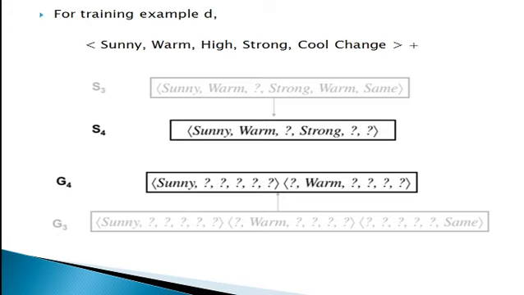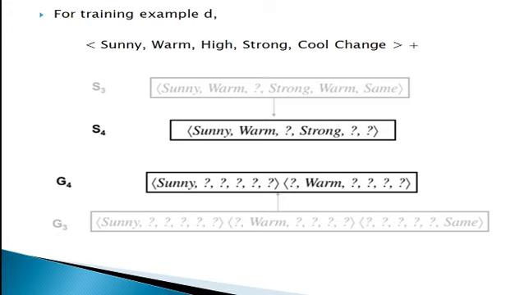Here you can notice that it cannot be specialized, because specializing it would not make it cover the new example. It also cannot be generalized, because by the definition of capital G, any more general hypothesis will cover at least one negative training example.